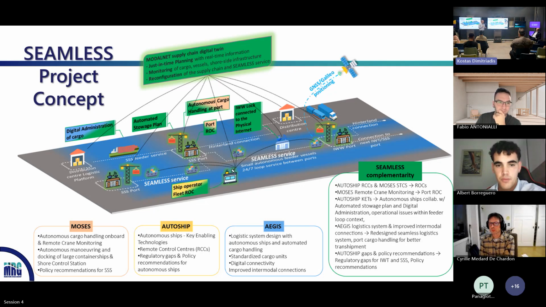What Seamless is about is developing an autonomous service. And how do we intend to implement the service? By developing 3 substantial pillars, or building blocks, as we call them.